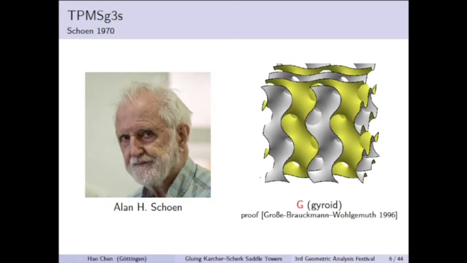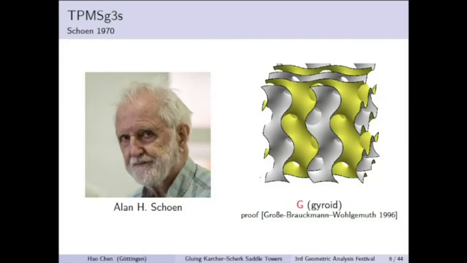Alan Schoen, then a scientist at NASA, revived Schwarz's method and discovered a dozen of new TPMSs. Most of his surfaces, like Schwarz's surfaces, are very symmetric, admitting many straight lines and reflection planes. But all of them have higher genus, with one exception.